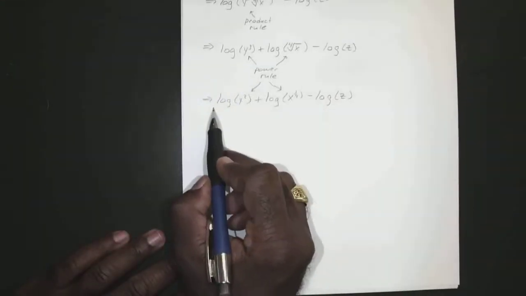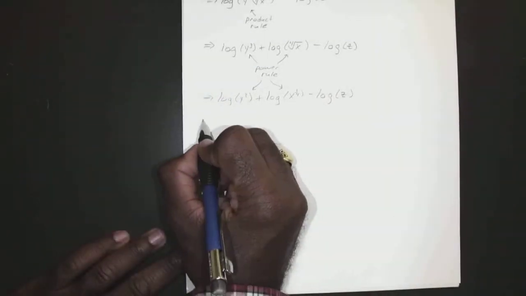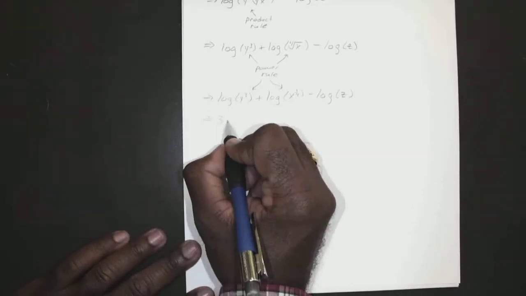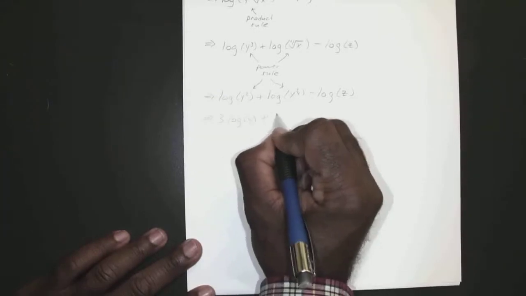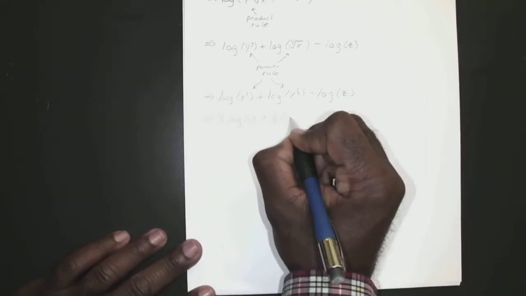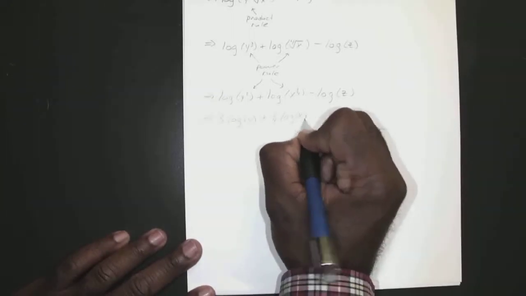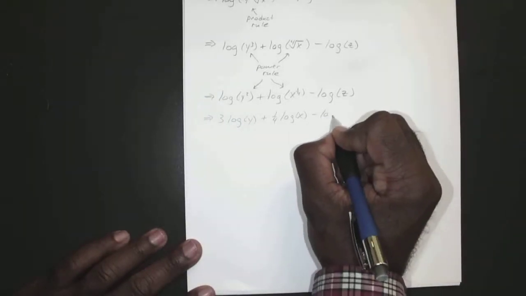Okay, so now we just bring our exponent down to the front. So 3 times log of y plus 1/4 log of x minus log of z.